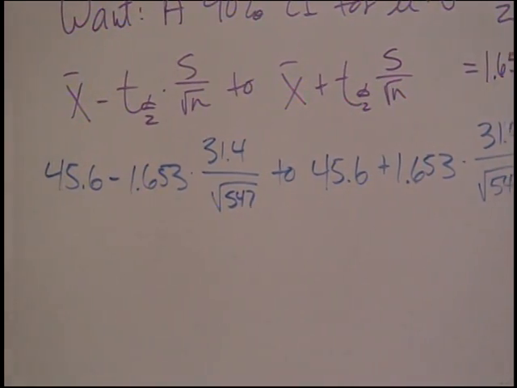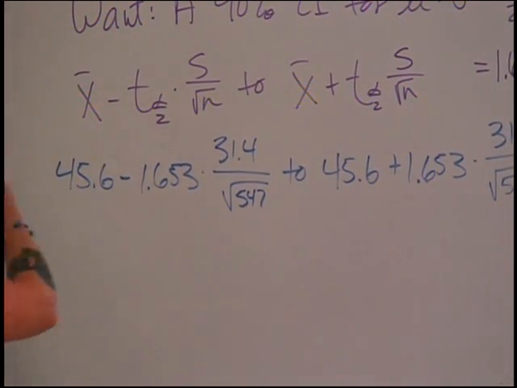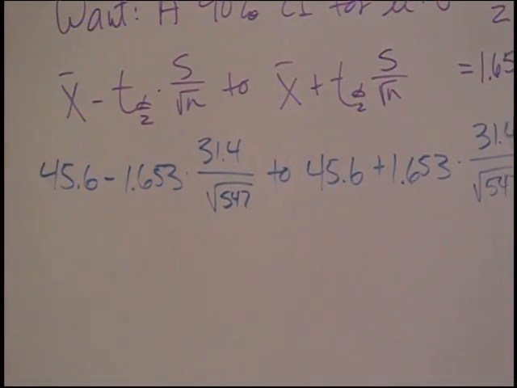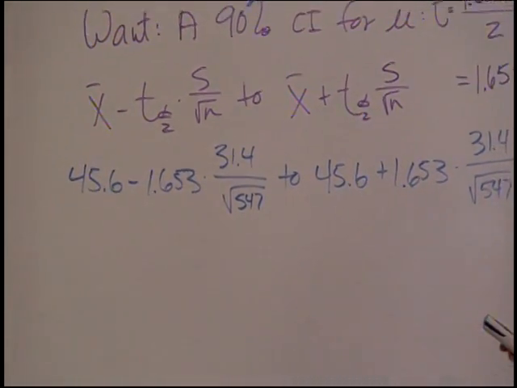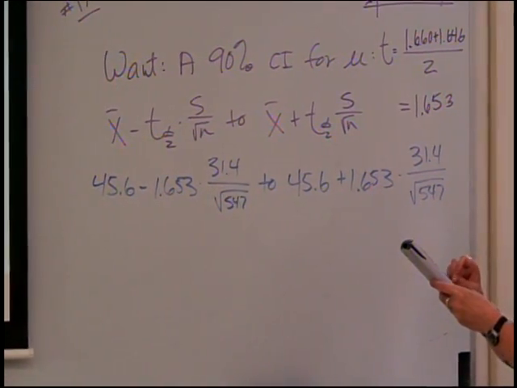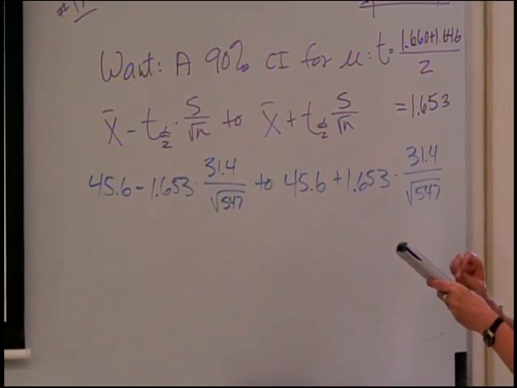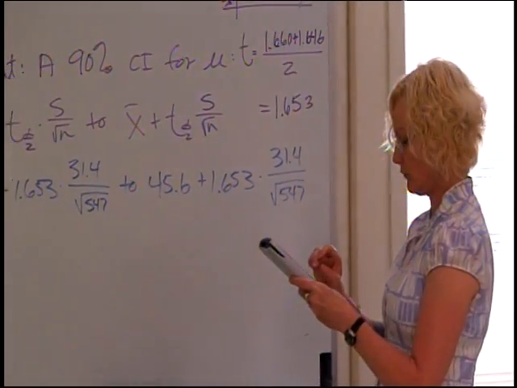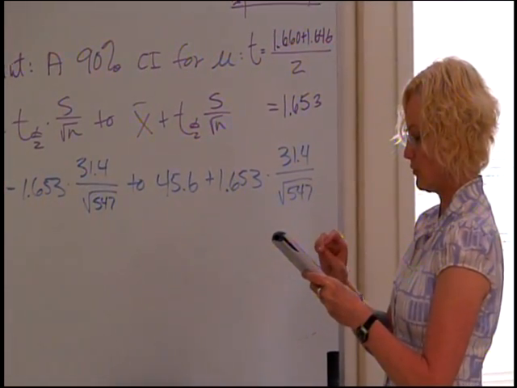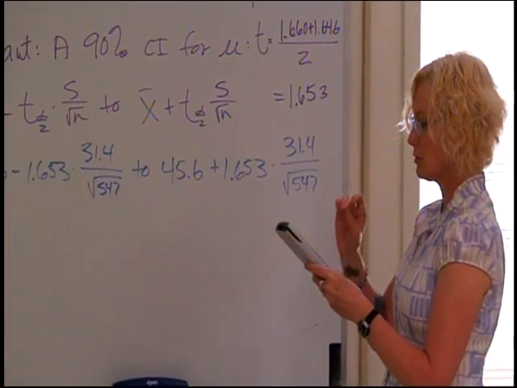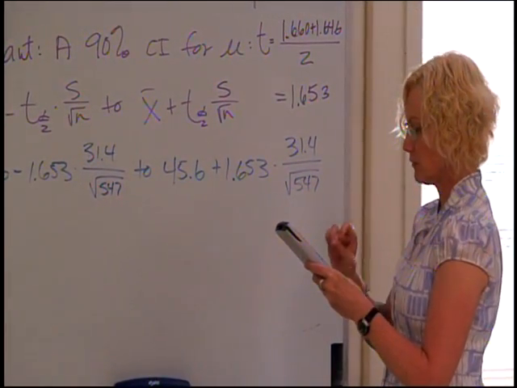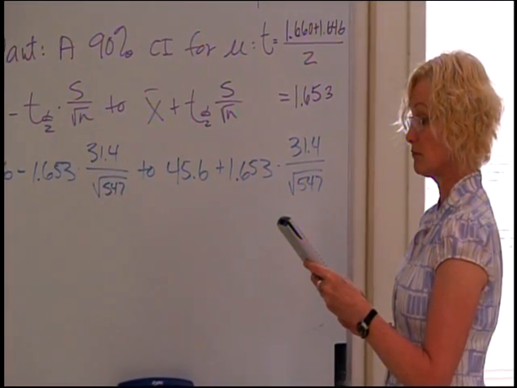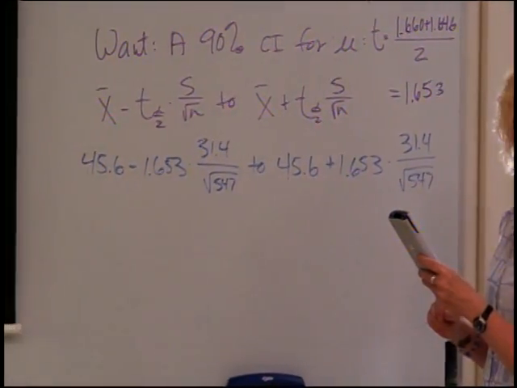You just type it in as it occurs: 45.6 minus 1.653 times 31.4 divided by root 547. 43.38? Anybody else get that? Sound good?